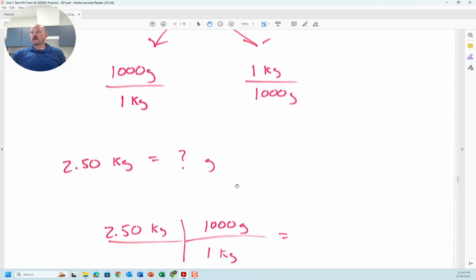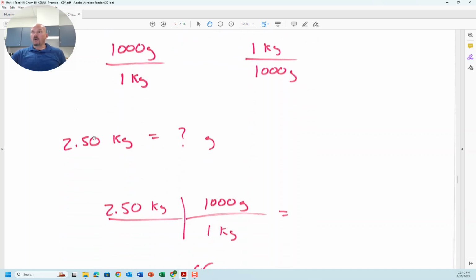So how would I do that conversion showing my work? I would write my 2.5 kilograms, make my T-chart, start my dimensional analysis, and use this ratio. I need to cancel out kilograms, so 1 kilogram goes on the bottom, because I need the units on opposite sides, one in the numerator and one in the denominator, to cancel out. That leaves me with grams.